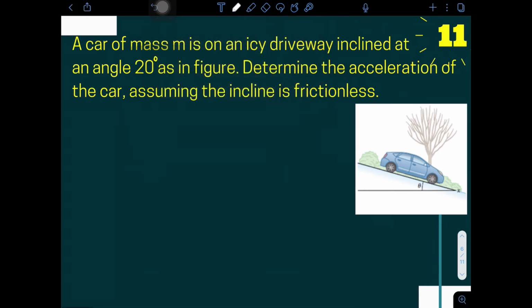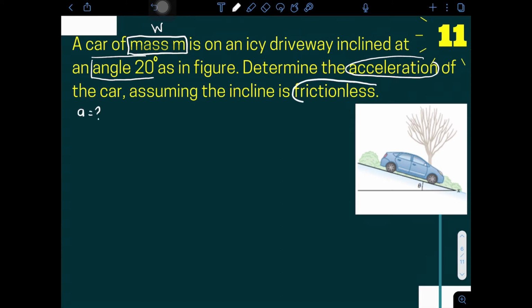The first keyword is mass m, which means you have weight force. It is important that you note the angle of 20 degrees. And you want to calculate the acceleration of the car. Then it says that the inclined plane is frictionless, which means you have no friction force.